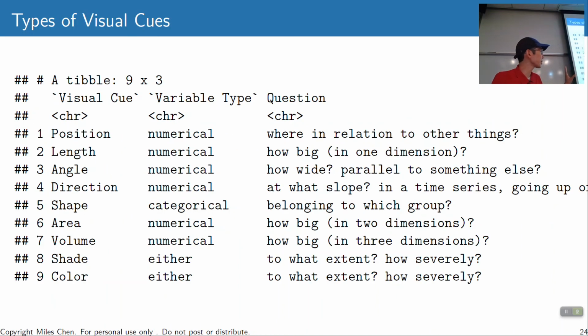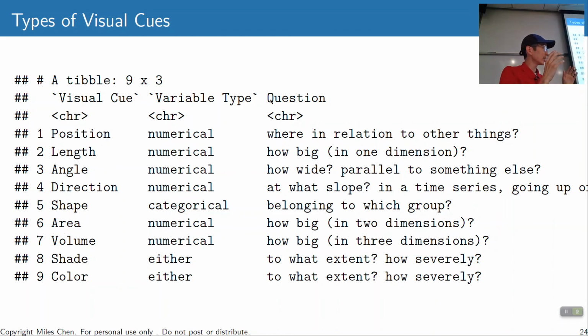So here are some concepts as far as what some of the visual cues are. One is the position. Other things that come into play are the length, the angle, the direction. But our eyes can also take into account the shape of the dots. You can imagine a scatter plot where you've got points, and you can say the circles represent this group, the squares represent this group, and the triangles represent that group.